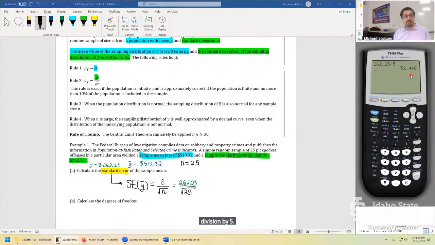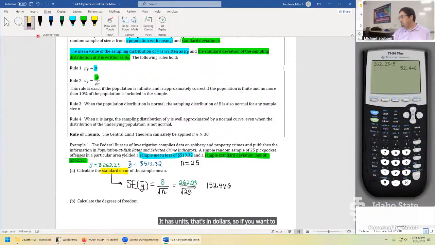That tells us the standard error, which is an approximation of sigma over root n, is 52.446. It has units, dollars. Squeezing in that unit would be nice as a reminder, but it's not required.